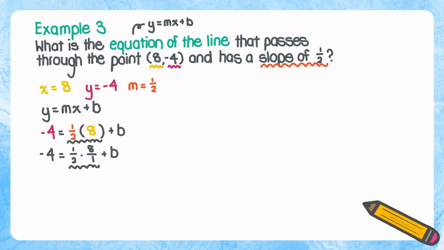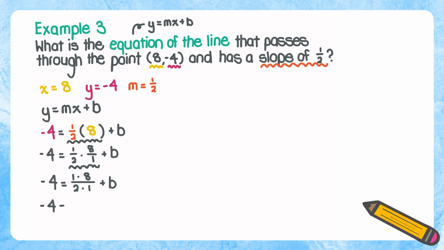Oh, and I just underlined which part we just simplified or rewrote. All right, so -4 equals 1 times 8 over 2 times 1, and then the plus b. So let's simplify it even more.